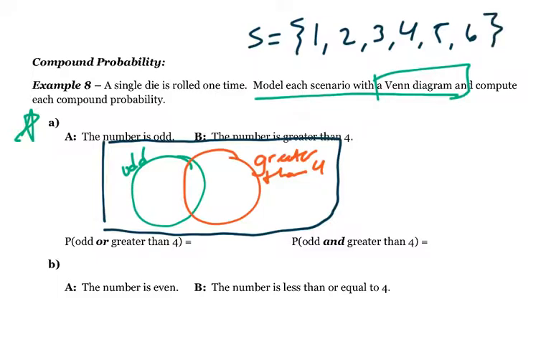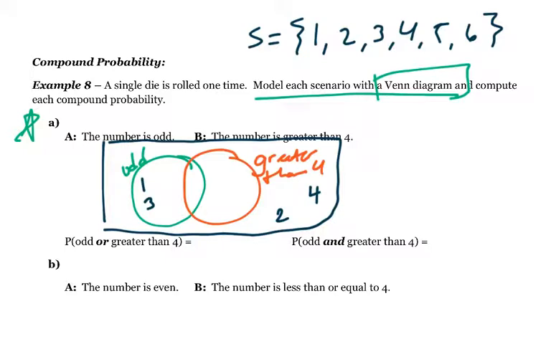So let's go through each number. 1 is odd, so it would go here. 2 is not odd, and it is not greater than 4, so 2 would be in the universal set. 3 is odd, so it would come in here. 4 is not odd, and it's not greater than 4, so it would go in the universal set.